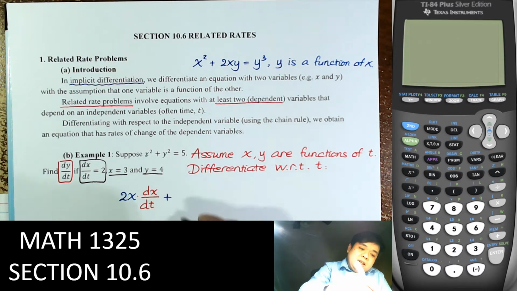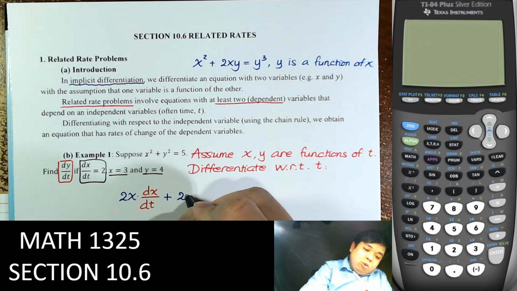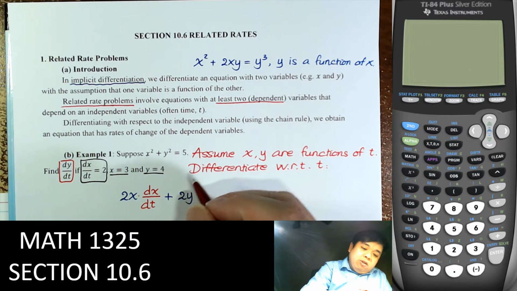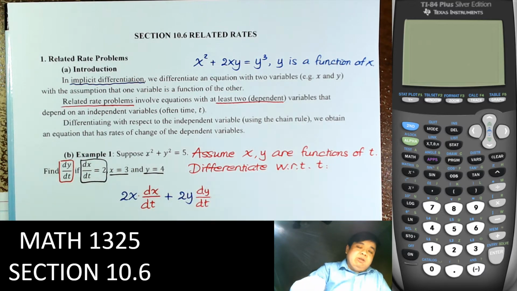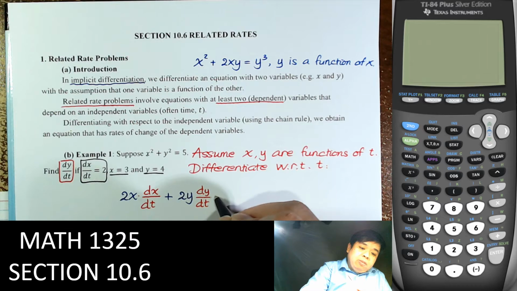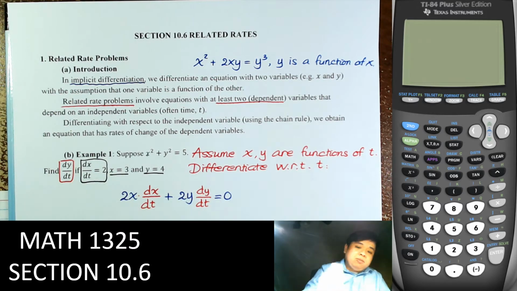And then same thing, the derivative of y squared is 2y, but y is a function of t, so we need dy over dt. The derivative of the constant is 0. So simple enough.